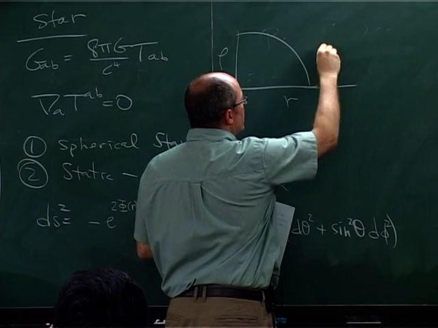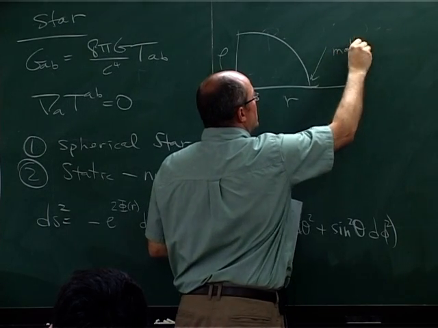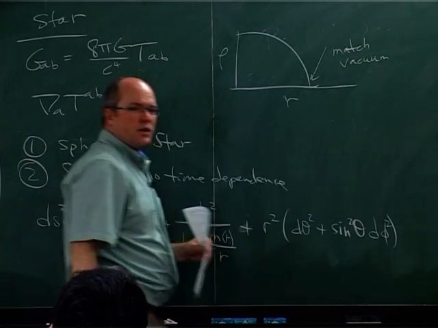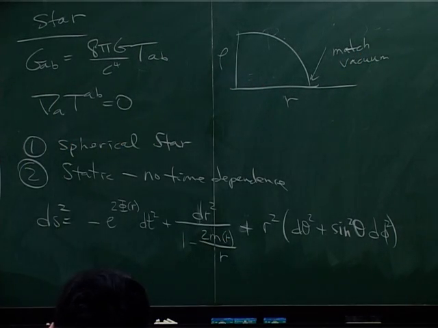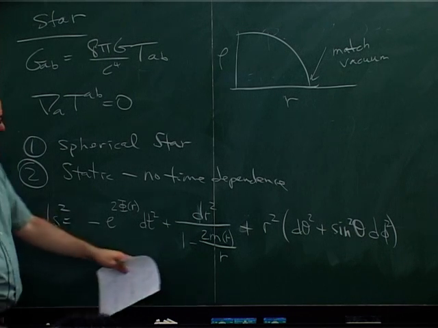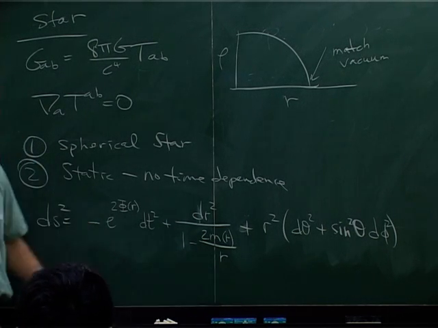At this point here, I'm going to match onto a vacuum space-time that's also static and spherically symmetric. You know from your relativity class probably that there's only one space-time that matches that. That's the Schwarzschild space-time that's vacuum, static, and spherically symmetric. So we will match this to Schwarzschild space-time.